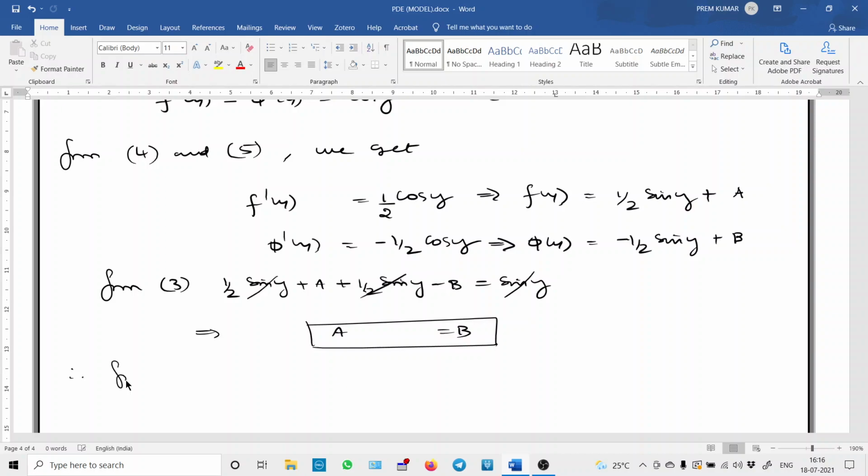see, actually this is equation number 2. f of y, this a is also included, so finally we will get this term also, because a into e power of ax plus b into e power of minus ax, because f of y includes sin y plus a.